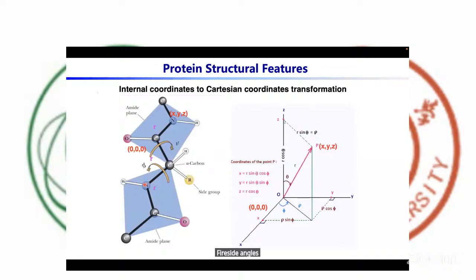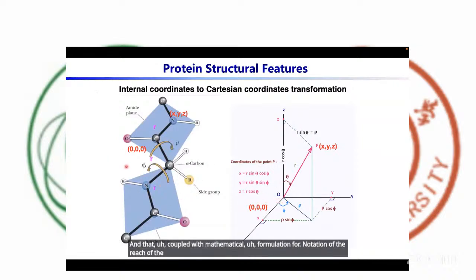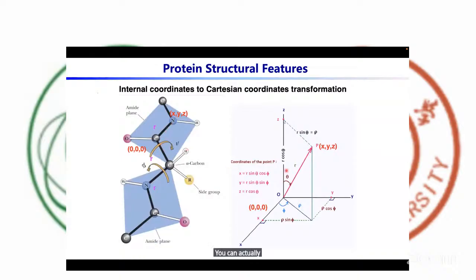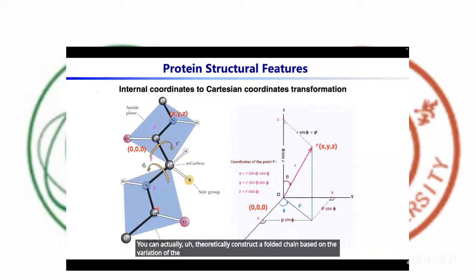By using this kind of geometry, coupled with mathematical formulation for rotation of the rigid body, you can theoretically construct a folded chain based on the variation of the phi-psi angles.